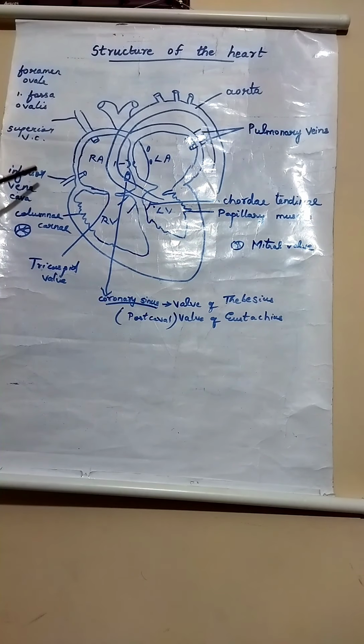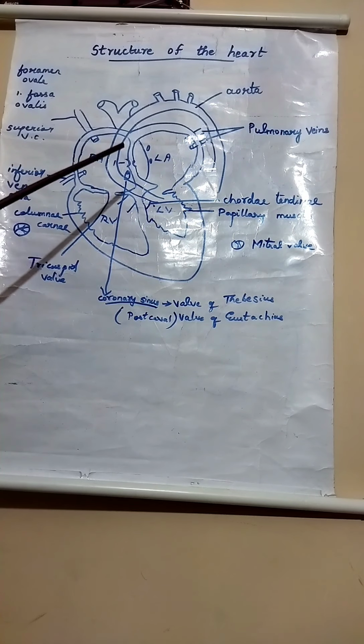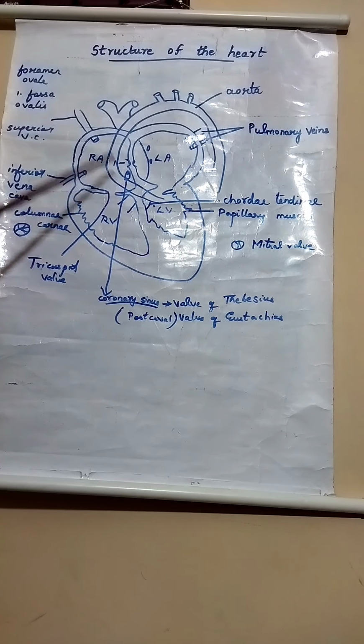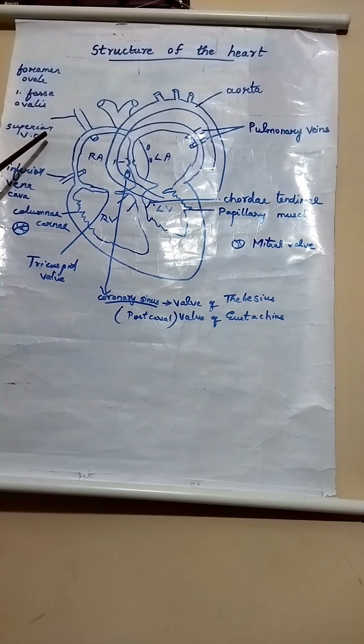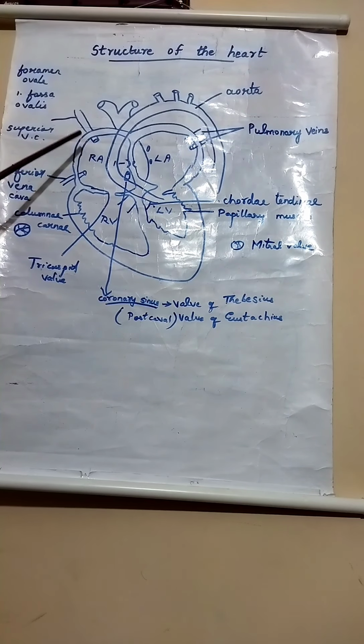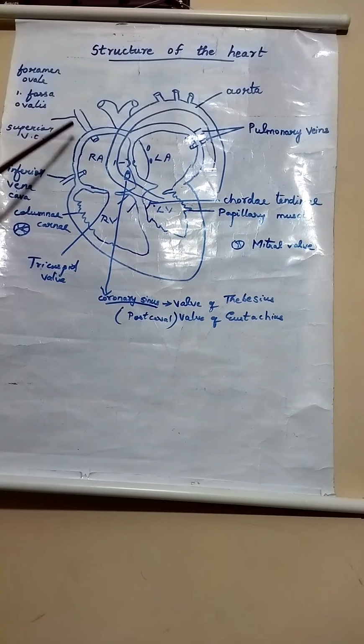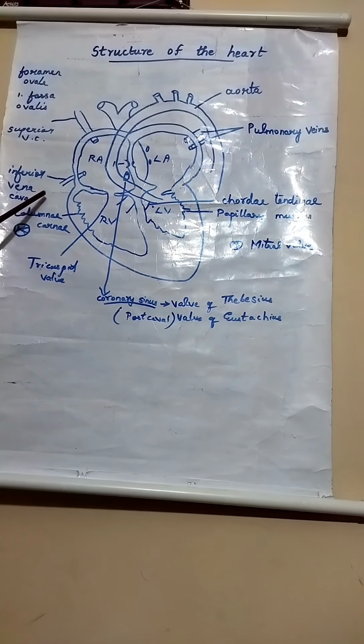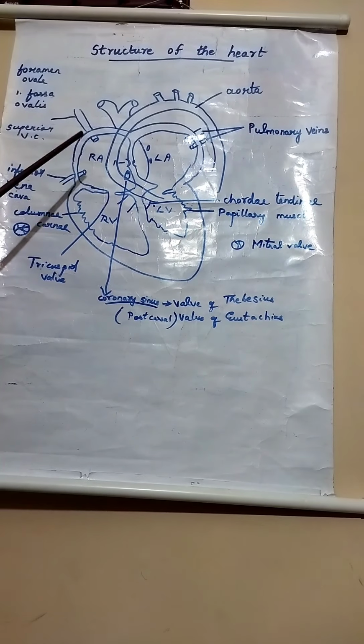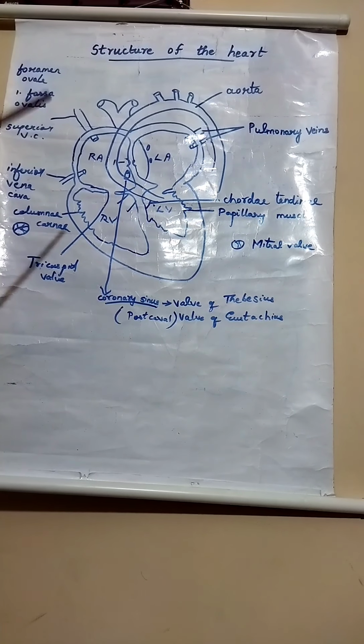But here the inferior vena cava and coronary sinus are not opening in that way. The superior vena cava is opening against gravity. So, the blood cannot go back. Whereas in the case of inferior vena cava and coronary sinus, they have valves.